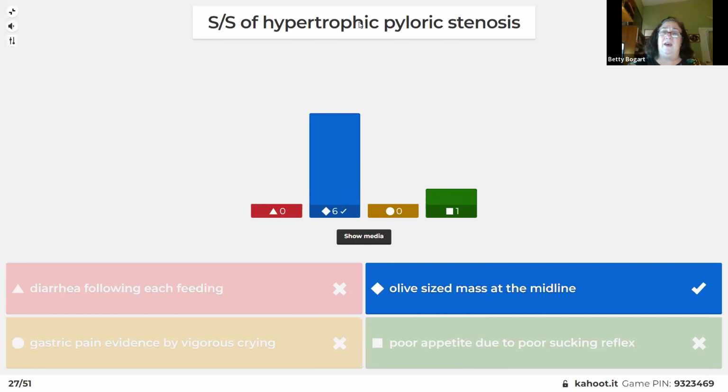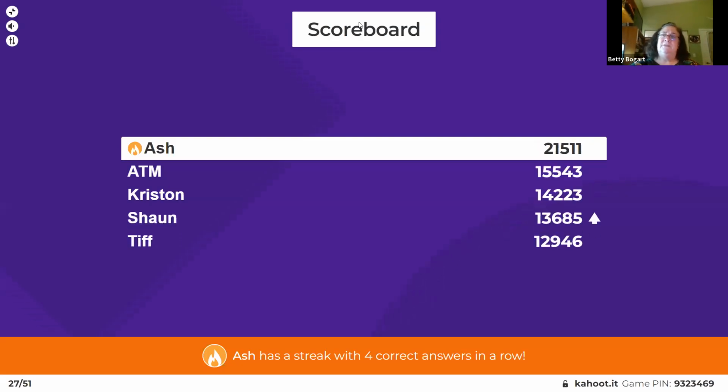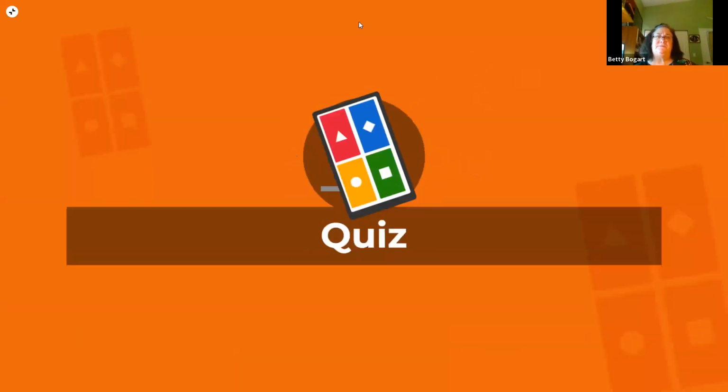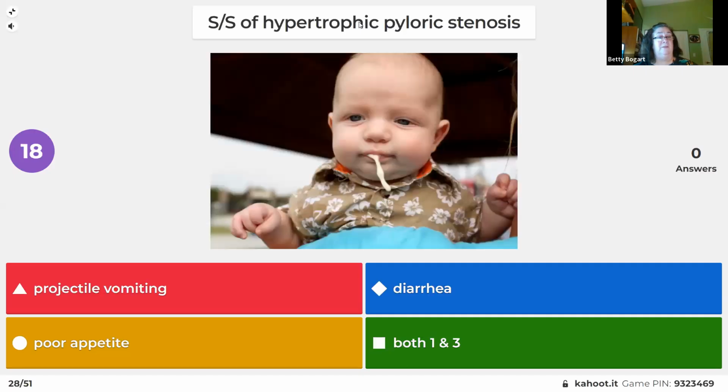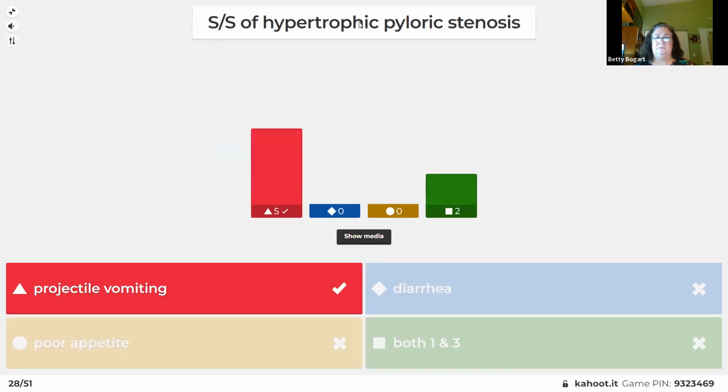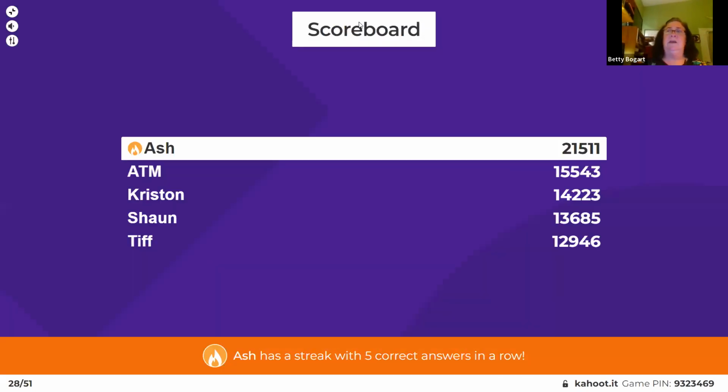And it feels like an olive there. Very good. Signs and symptoms of hypertrophic pyloric stenosis is what? And that's, I'm talking about across the room projectile vomiting. It's just not a spit up, it is forceful. Yes.